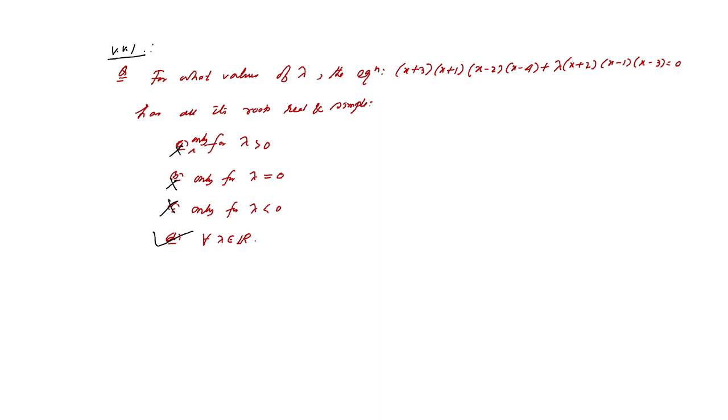So here the roots are real and simple, whatever lambda may be. Now we come to an important theorem. This is called Rolle's theorem. The statement of Rolle's theorem: let f of x be a polynomial with real coefficients, so f of x belongs to R of x.